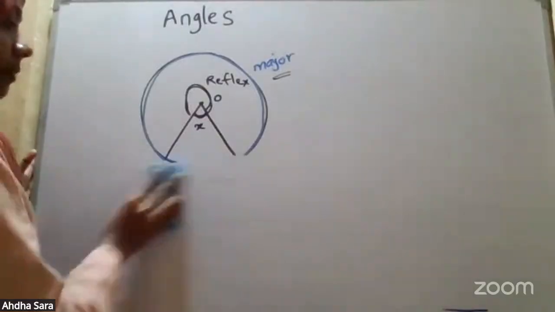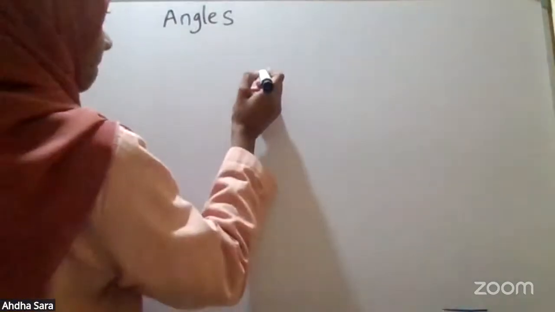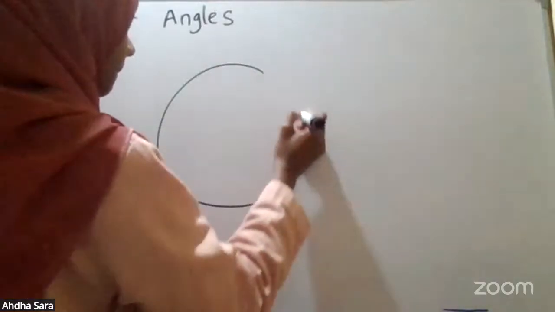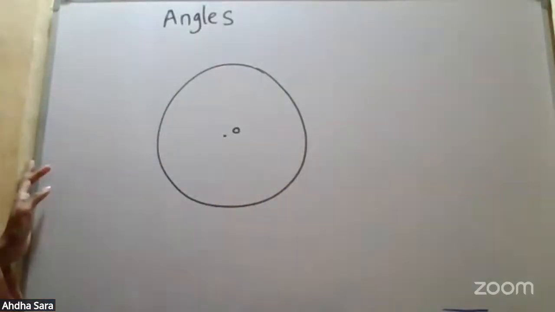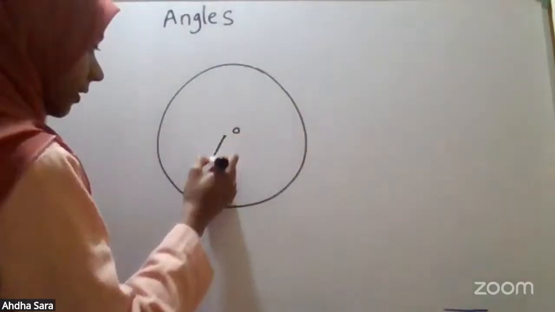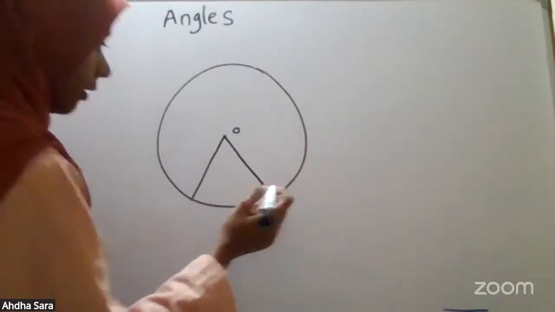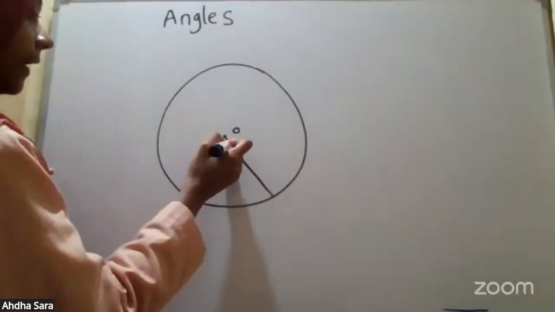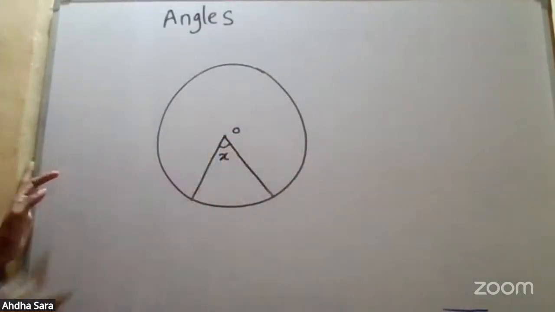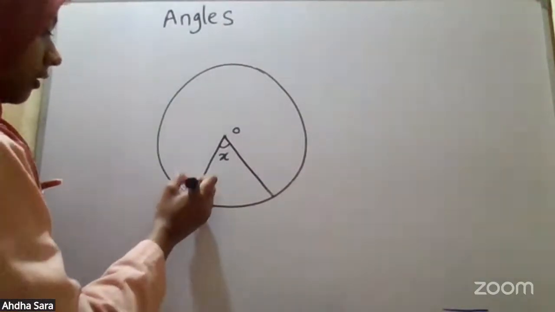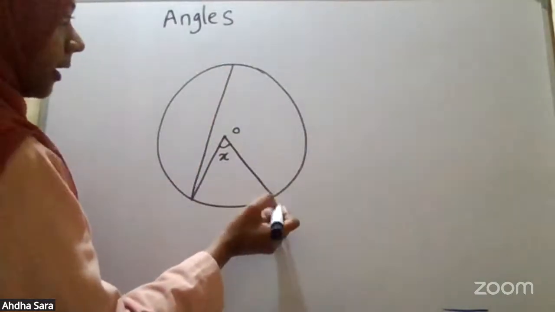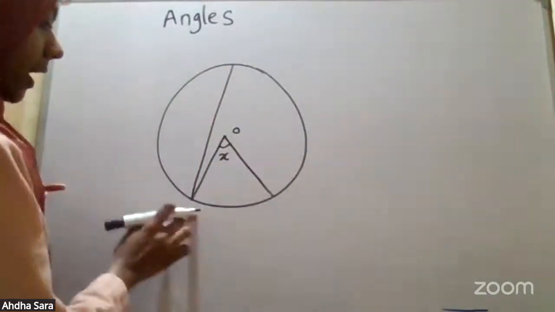Now, let's see the theorems that come under angles of a circle. You have a circle with center O. Now, the angle is subtended by a minor arc. You have an angle here. This is x. And you have another angle that is subtended by the same arc.